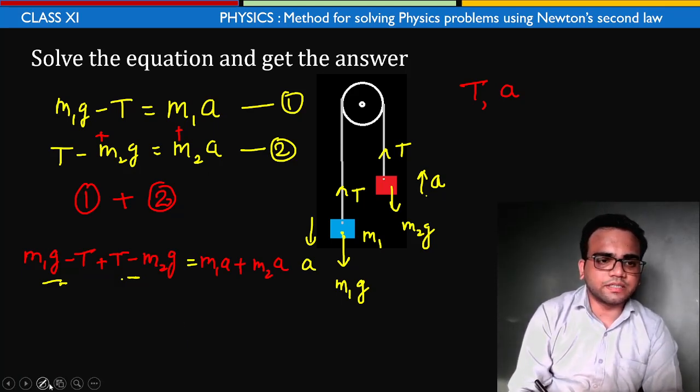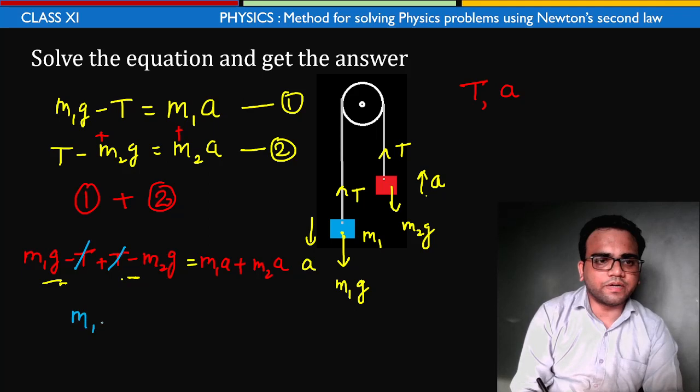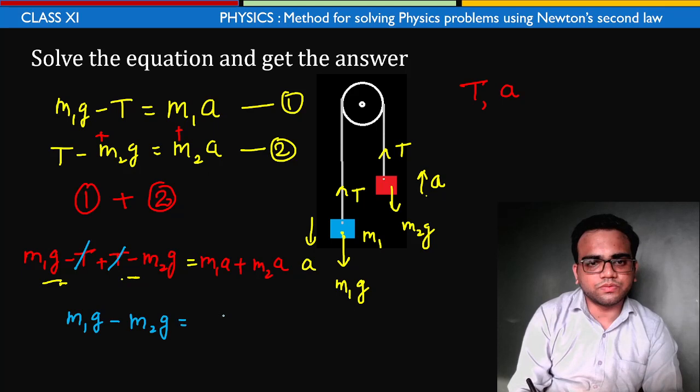You can see here, this is minus T, this is plus T, they will cancel each other. You will get m1g minus m2g is equal to m1 plus m2 times a.